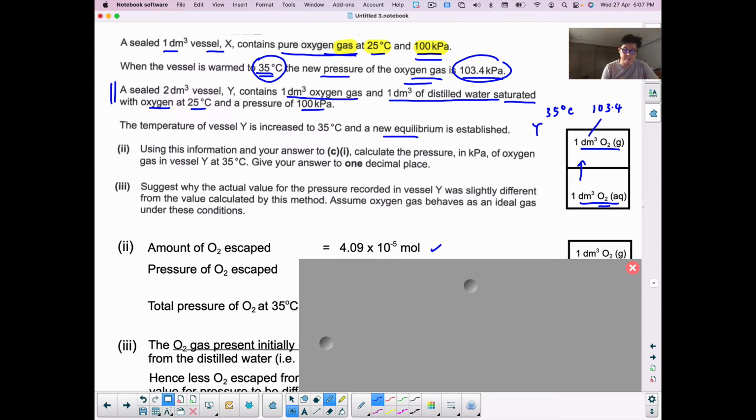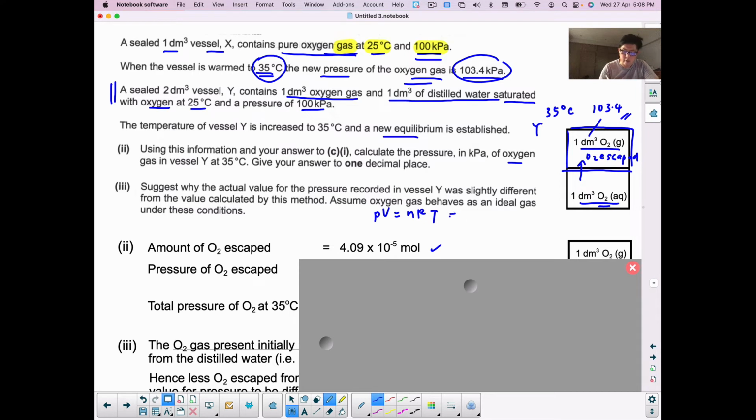That's the next part. We're going to use PV = nRT, because you need to calculate the pressure of oxygen inside here. The pressure inside this part includes the oxygen over here, as well as some of the oxygen that has escaped. So I'm trying to find the pressure of the oxygen that escaped using PV = nRT.